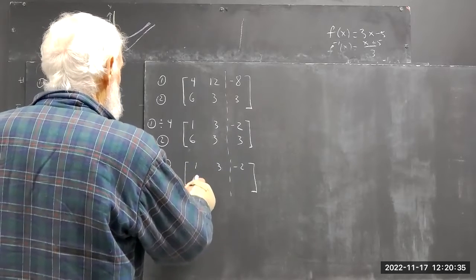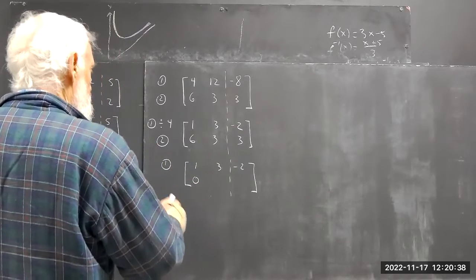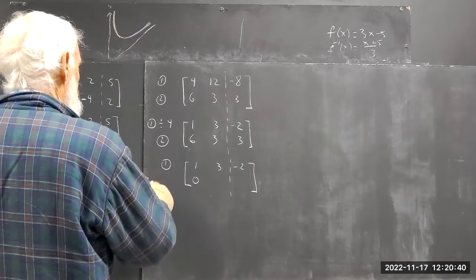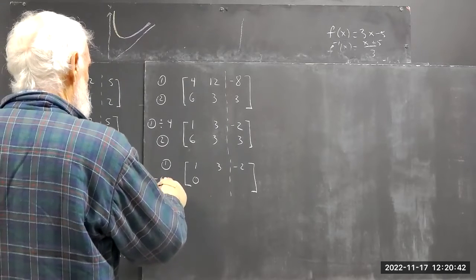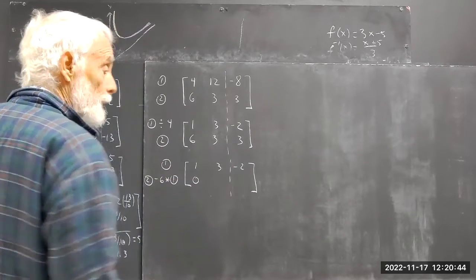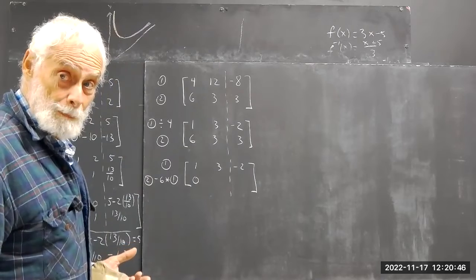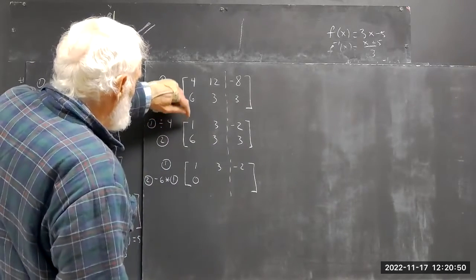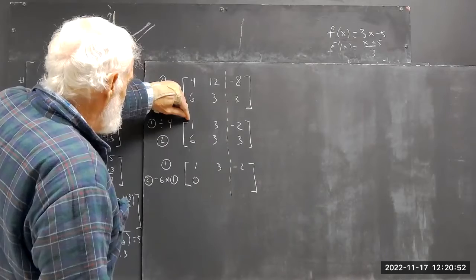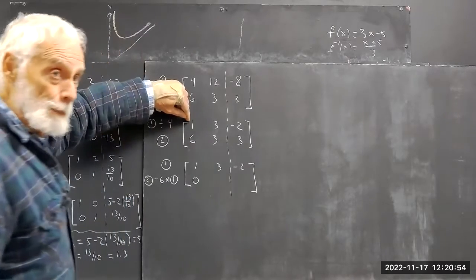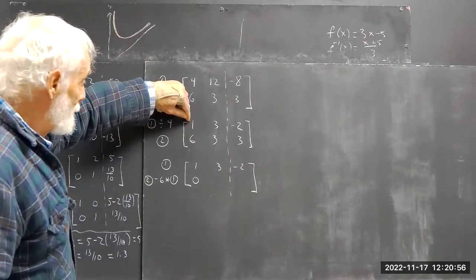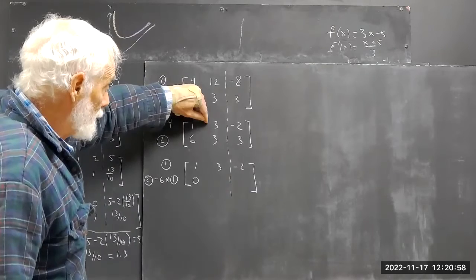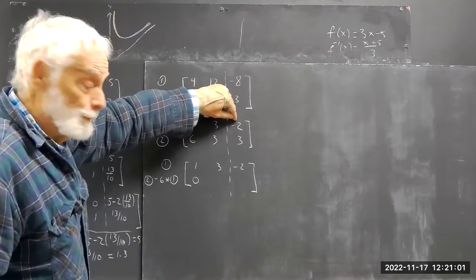Okay, we want to get a 0 here. How are we going to do that? Well, we do row 2 minus 6 times row 1. So here we do this minus 6 times this, and this minus 6 times this.